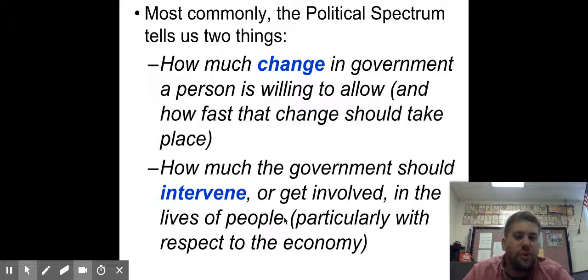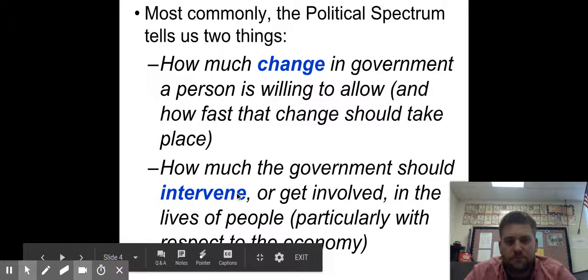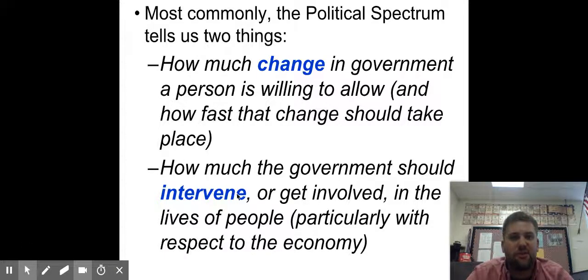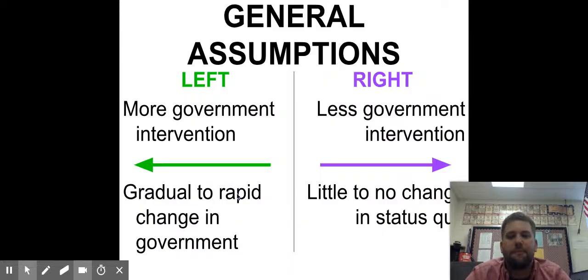So some of you are going to think, you know what, I think the government should just be around to basically keep things the way they are. Others may say, no, the government is to make our society change with the times. And when we talk about intervening, some would say, you know what, the government is there to help support businesses or the economy when they're struggling. And others would say, no, that is not the government's job to get involved in the economy. So let's figure out what you are.